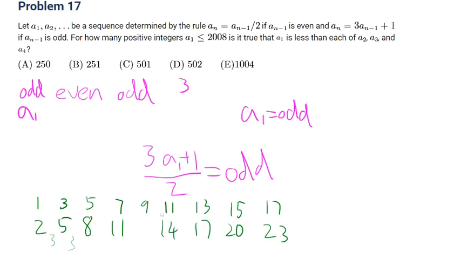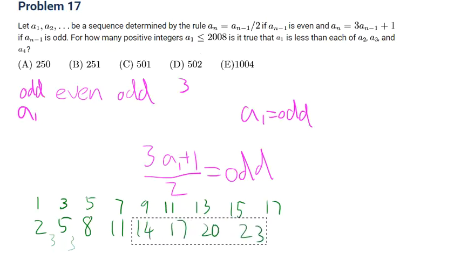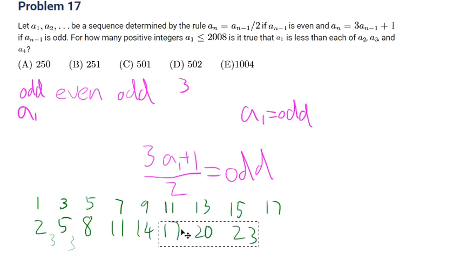7, 8, 9. Then it's 7. Then 15, 20, 23, 26. 7 just barfed 9 out.